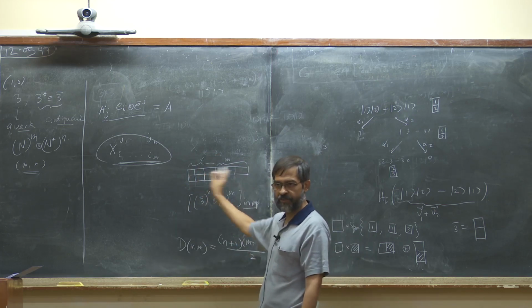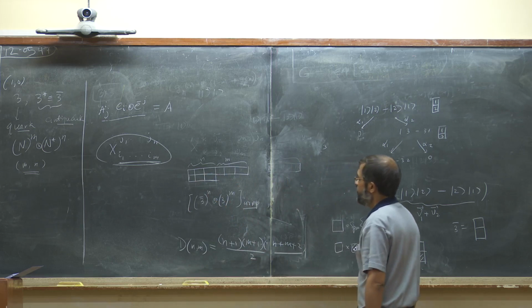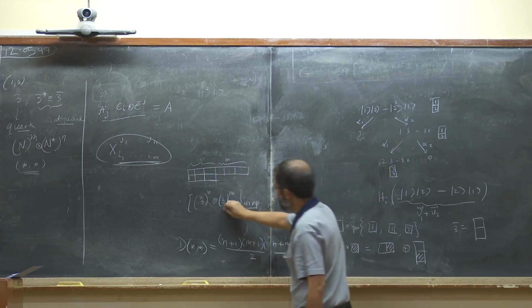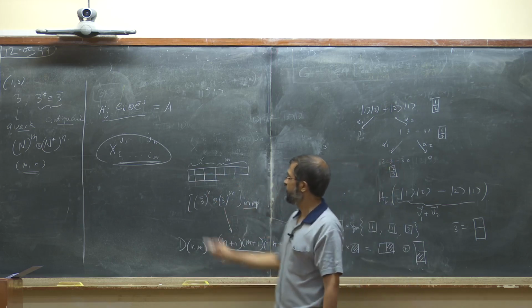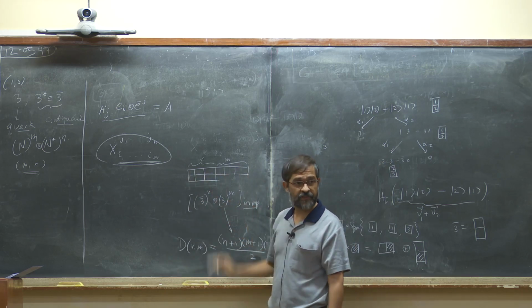Just put the highest weights everywhere. The dimensionality of this representation is this. That is to say, the number of ways you can put your ones and twos, etcetera.